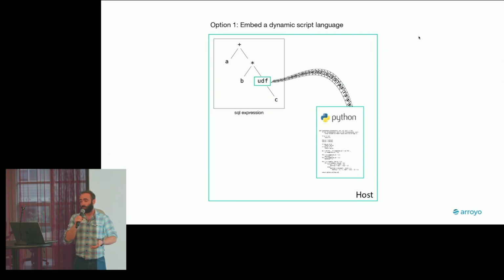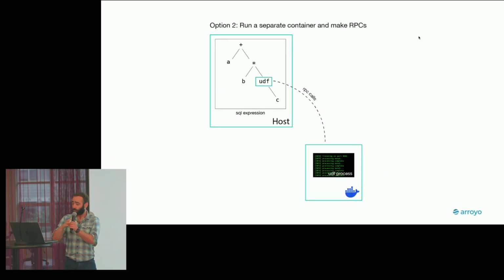So for example, we can embed a Python interpreter. People can just give us Python code, and we can just execute that as part of the UDF. And in fact, we do this now in our latest release, which came out yesterday, 0.12. We do now ship Python UDF support. But unfortunately, Python is really slow. So if you want something like native performance, you really need to look elsewhere.